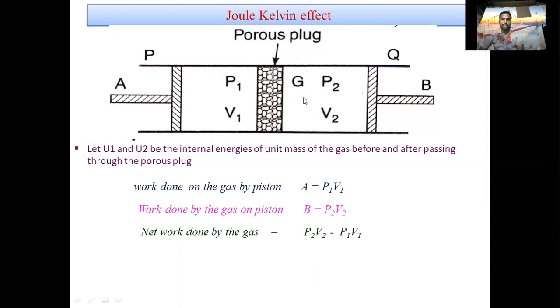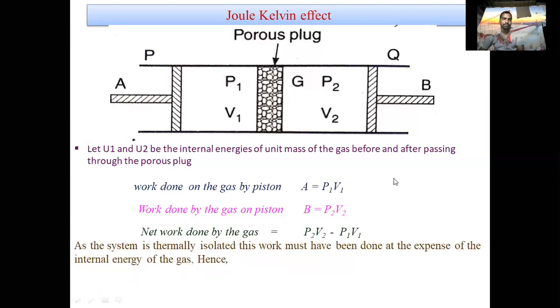After passing the gas through the porous plug, the internal energy is U2. How much internal energy has changed is nothing but U1 minus U2. This change of energy is converted to the work.